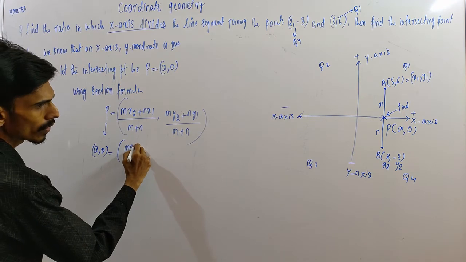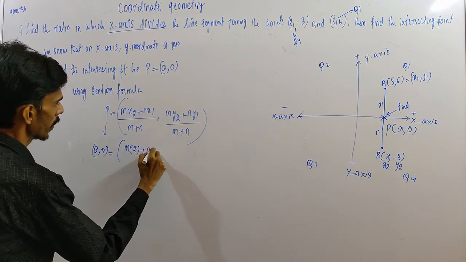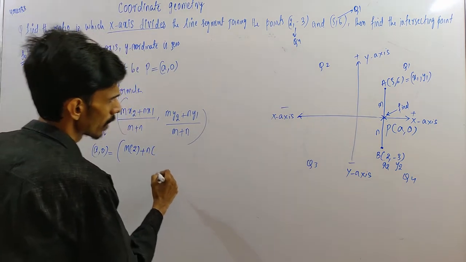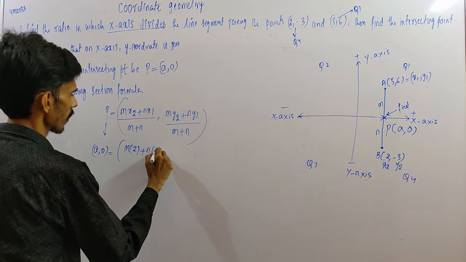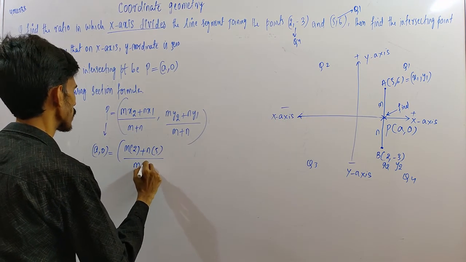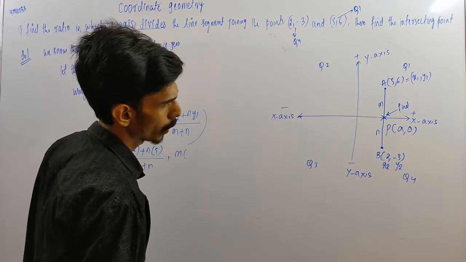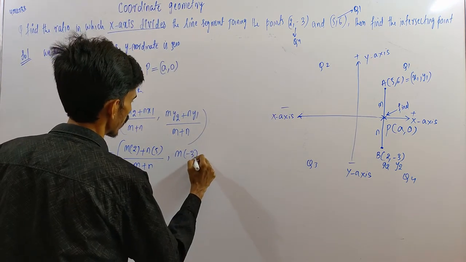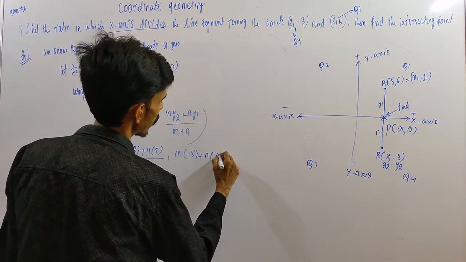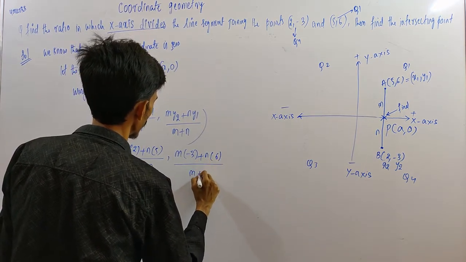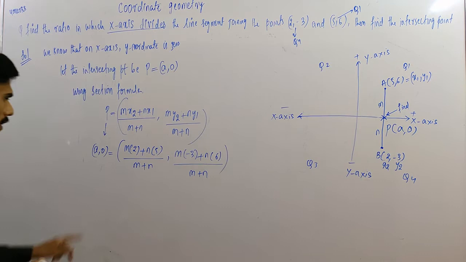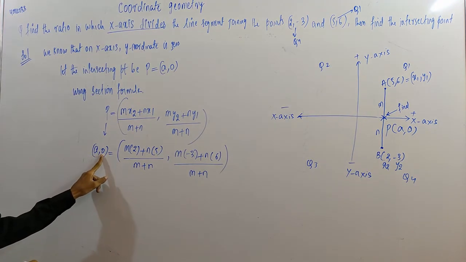So x2 value is 2, n into x1 value is 5, divided by m plus n. We don't know m and n. In the y coordinate, m into y2 value is minus 3 plus n into y1 value 6, divided by m plus n. We don't know the x value, but here we have 0.